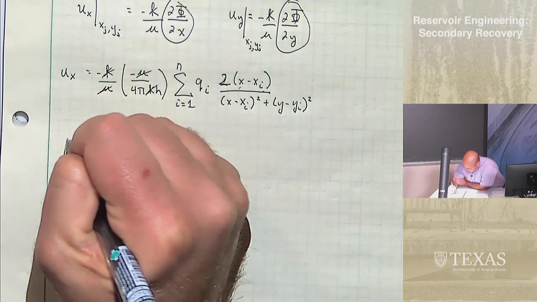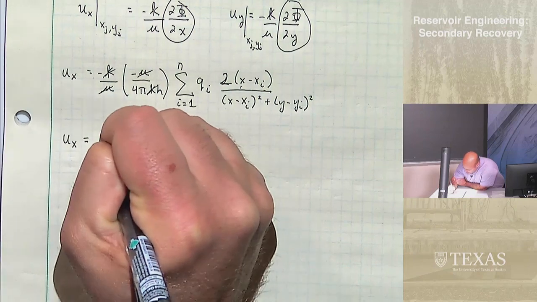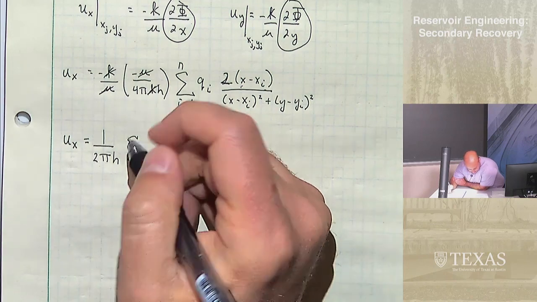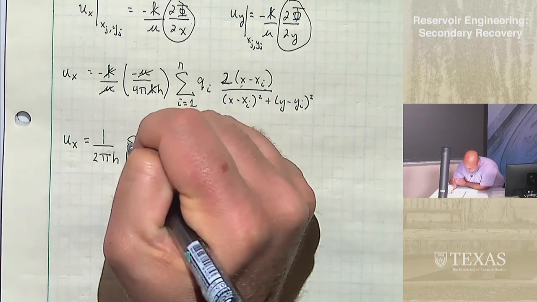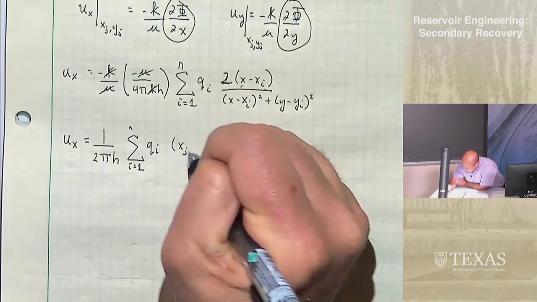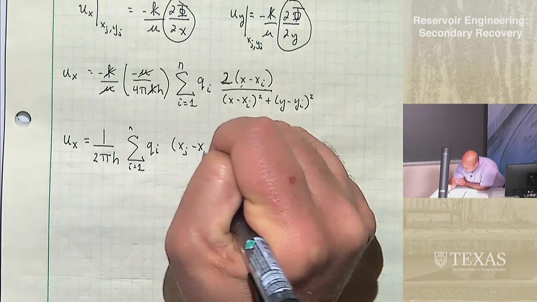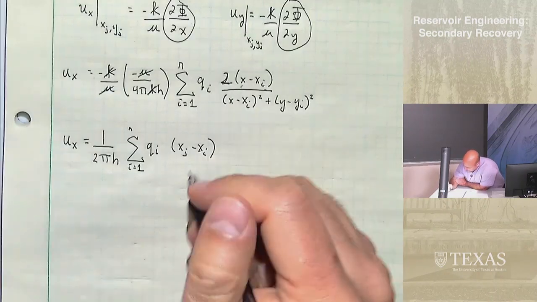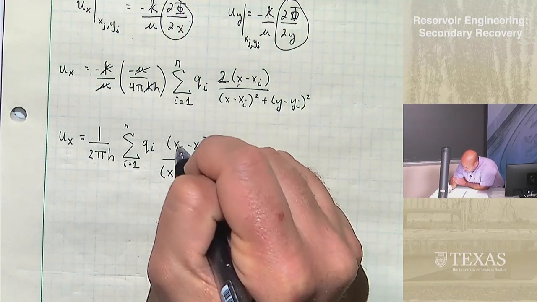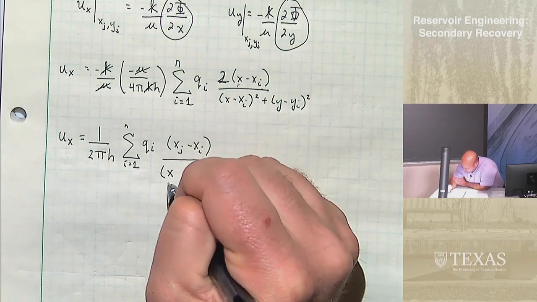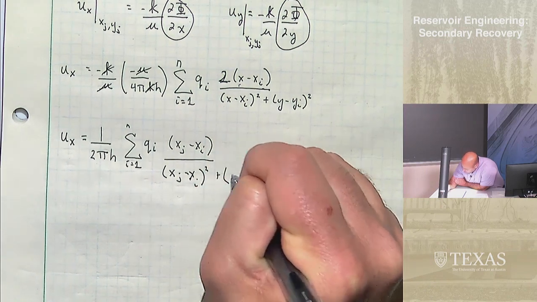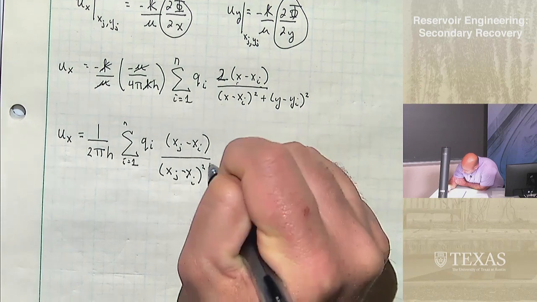So I can rewrite this and say the velocity in the x direction is 1 over 2 pi h times the sum, of Qi times (xj minus xi), over (xj minus xi) squared plus (yj minus yi) squared. This is at a specific location j, so xj, yj.